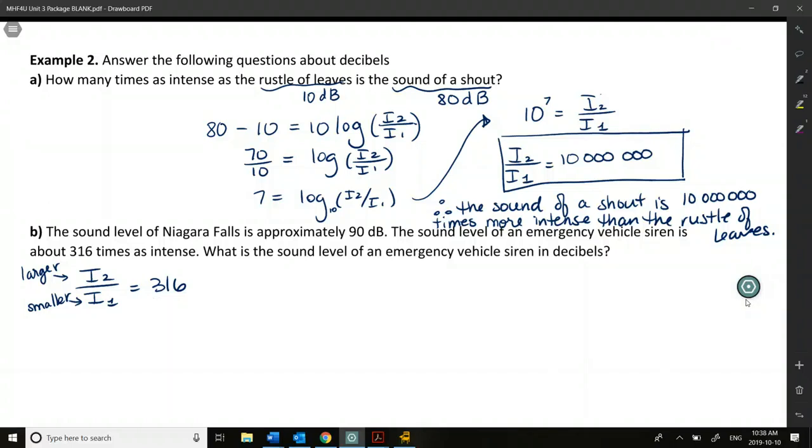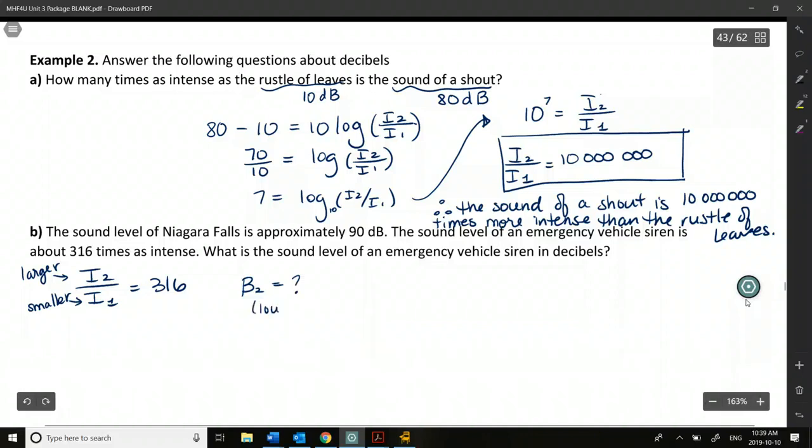So which one is the louder one here, Niagara Falls or the emergency vehicle? Okay, so beta 2 is the decibel level of the emergency vehicle. That's our question mark. It's the louder. What does beta mean? It's just a symbol, like theta or x.